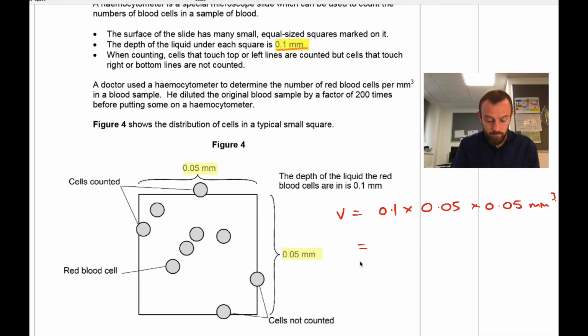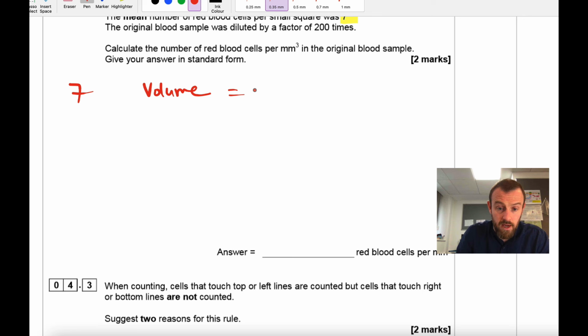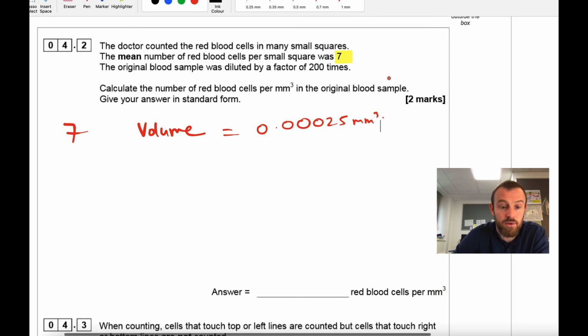Let's just do that real quick. 0.1 times 0.05 times 0.05 equals, that's a very small number, 0.00025 millimeters cubed. And it was 7 in that volume.